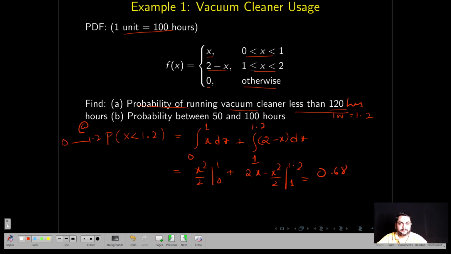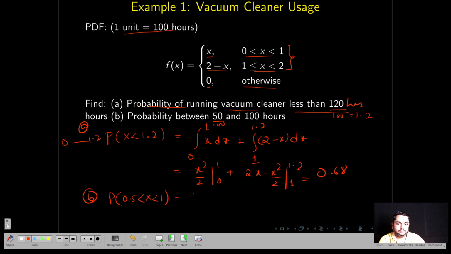This is A. Now B. They are saying between 50 and 100. So divide by 100, because 1 unit is 100 hours. They have given the density function in units. If they had mentioned here 0 to 100 or whatever, then it would have been directly 100. Now, what is to be found? 0.5 less than x less than 1, right?